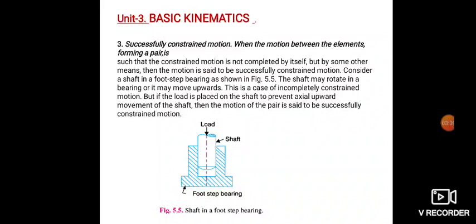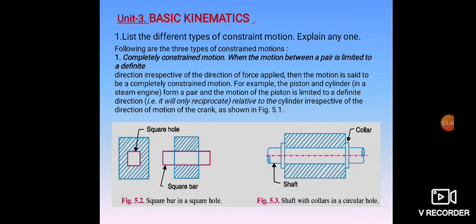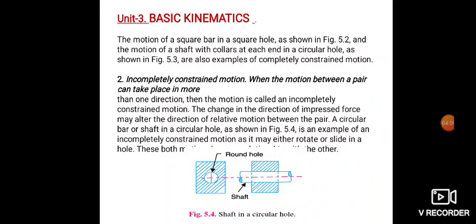Here, consider the shaft in a footstep bearing, shown in the figure. So this is all about the different types of constrained motions. If they ask to explain any one, you have to draw these diagrams and write the definitions and the explanation. Here I explained all three types.